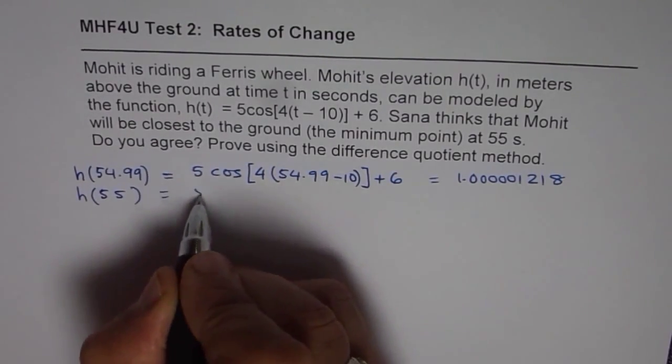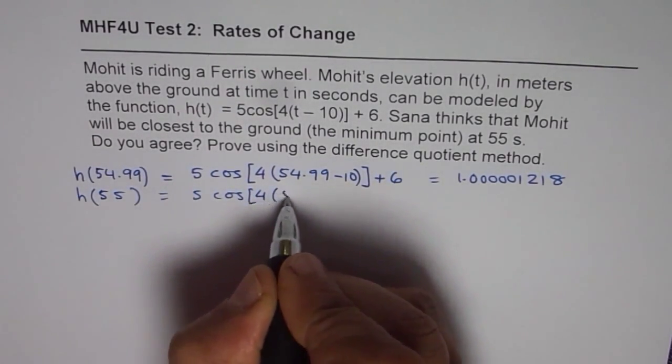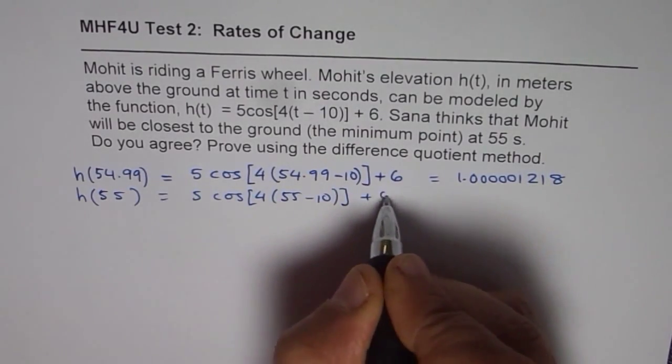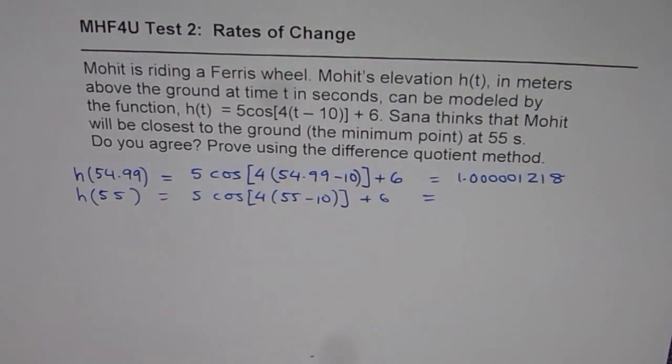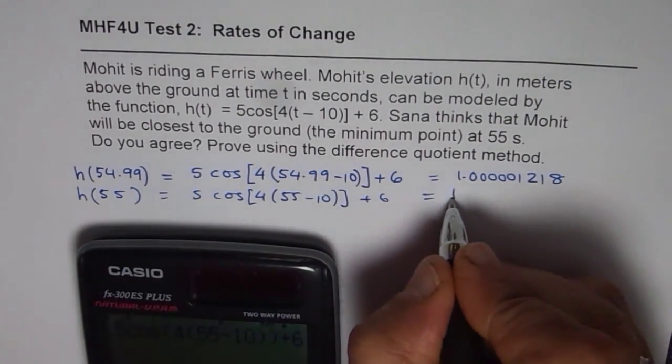That will be 5 times cos of 4 times (55 minus 10), plus 6, which equals 1. So this is 1.